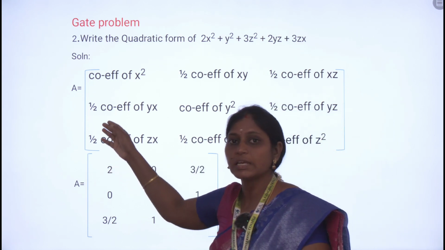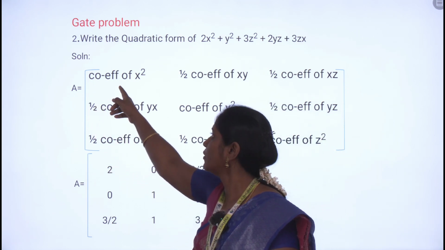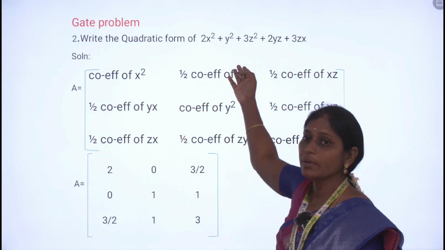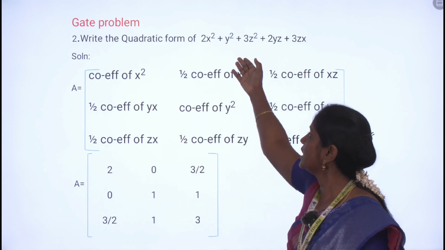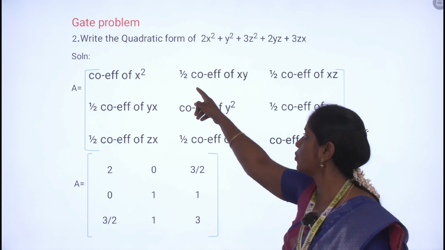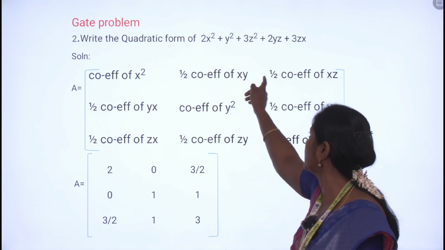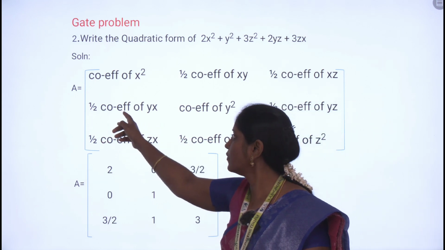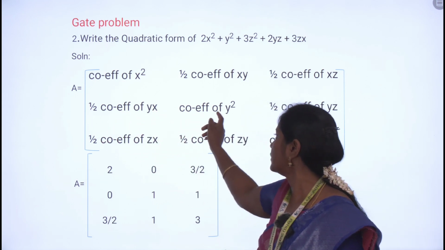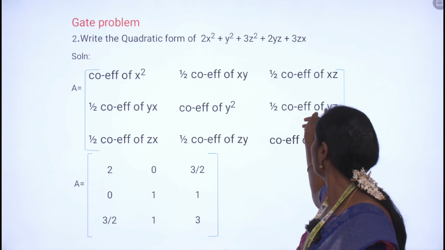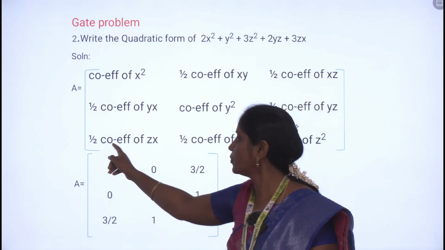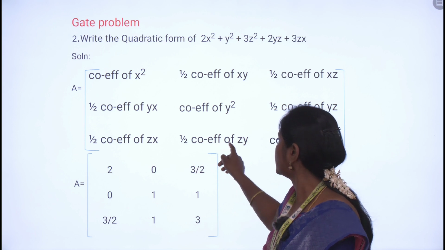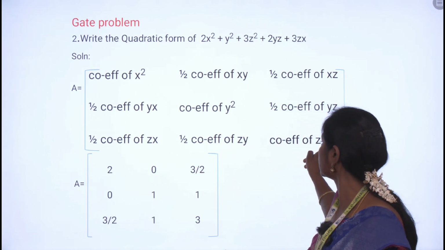We know that A can be defined with the coefficient of x square, and half of the coefficient of xy. Why are we defining it like this? Because the variables present are x and y. So 1 by 2 into the coefficient of xy, 1 by 2 into the coefficient of xz, and 1 by 2 into the coefficient of yx, the coefficient of y square, 1 by 2 into the coefficient of yz, and 1 by 2 into the coefficient of zx because it's symmetric, 1 by 2 into the coefficient of zy, the coefficient of z square.